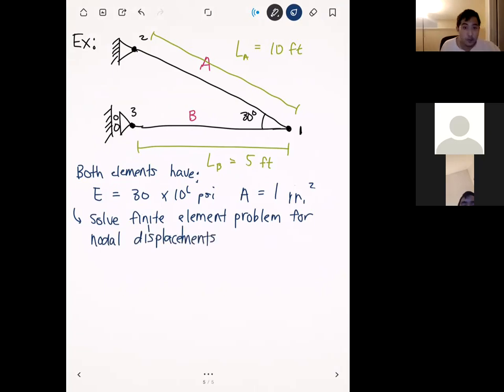So that's going to be step 1. And we're going to follow the same process that we did before. And then once we do that, we're going to compute the stresses in each of the elements. Is that 30 times 10 to the 6th? Yeah, 30 times 10 to the 6th.